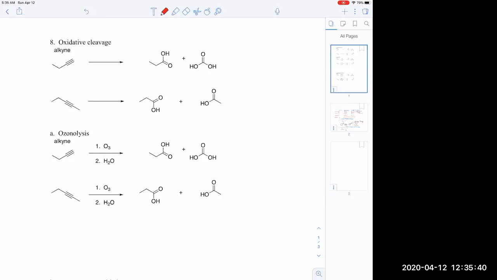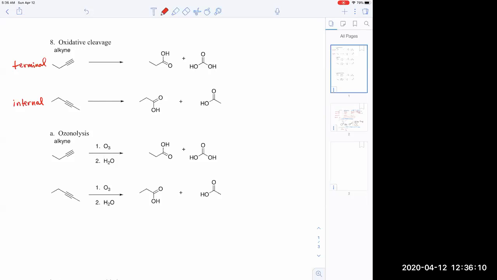If you're looking at a terminal alkyne, then your triple bond is at the end of your carbon chain, as opposed to an internal alkyne, where the triple bond is somewhere other than the end of your carbon chain.